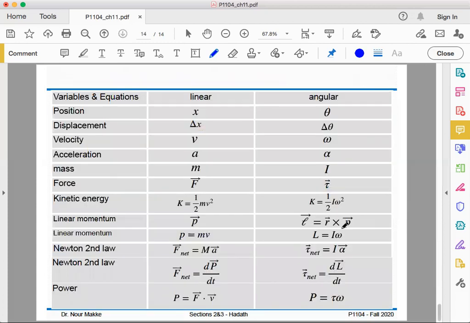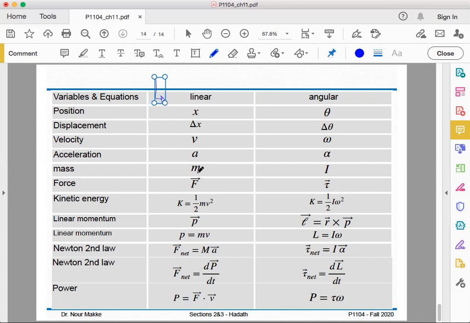And for the last slide for this chapter and for the mechanics also, I just want to remind you of the correspondence between the different variables that we have seen. Earlier we talked extensively about the linear variables, when we talked about translation, from the beginning of the mechanics until the end of chapter 9. We saw the position, defined displacement, and then defined velocity and the acceleration based on this displacement.